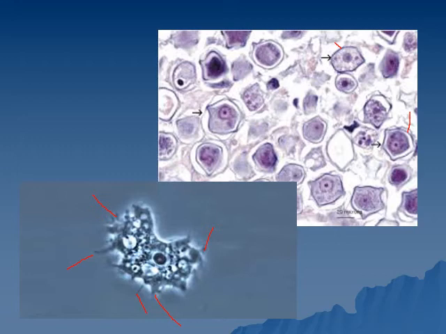It is characterized by having double wall here and here because the wall is very thick here and here. This is also another cyst of Acanthamoeba. This is another cyst of Acanthamoeba, and this one also.